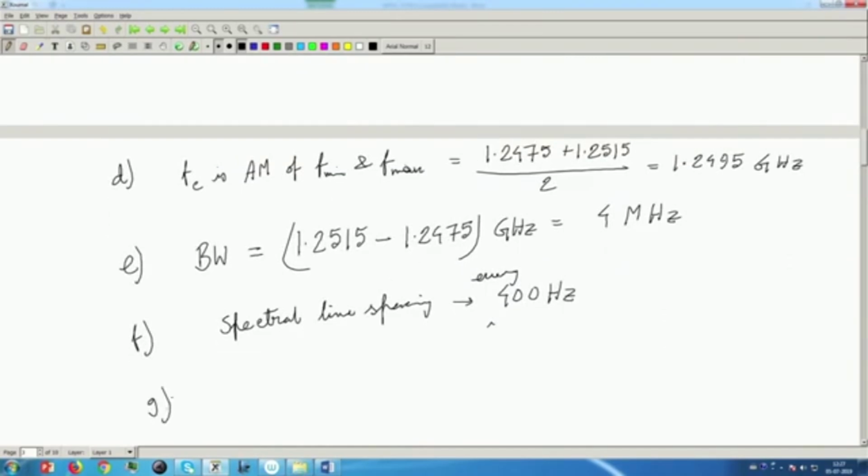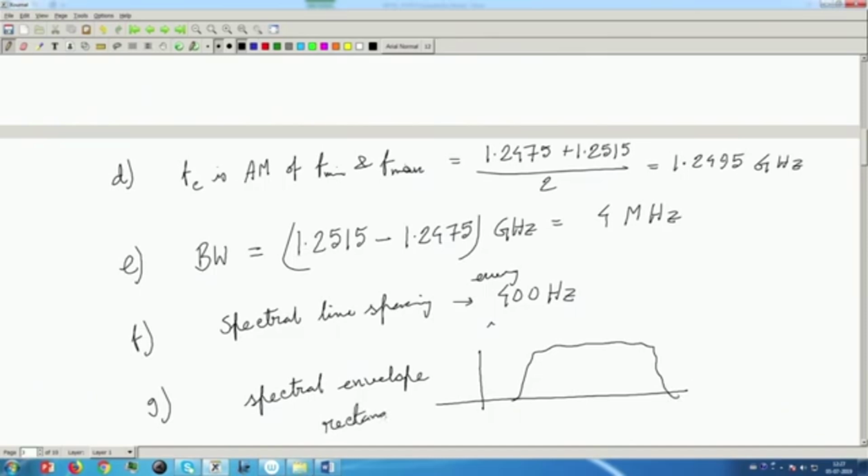And the spectral envelope: we have seen that LFM makes it roughly rectangular. So, you can say the spectral envelope is roughly rectangular. There will be some ringings that we have seen, this is the spectrum. Okay. So, this problem was easy.